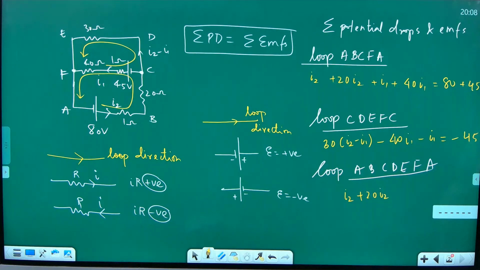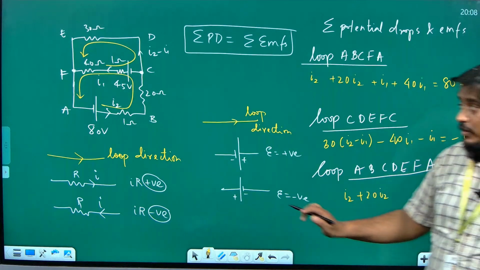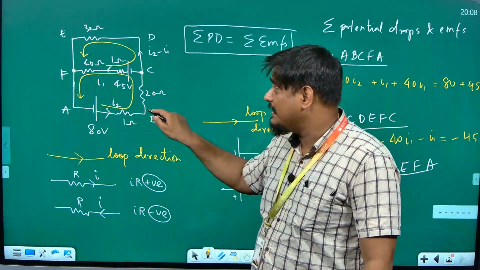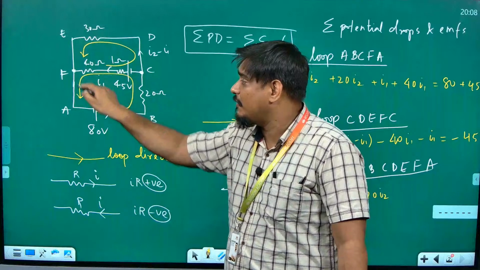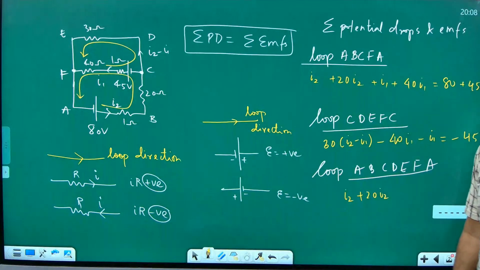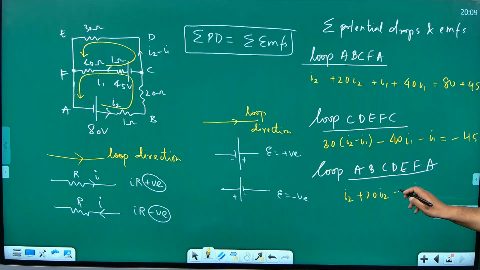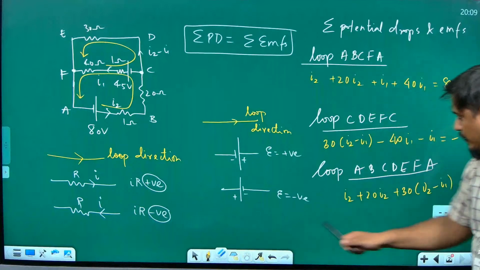Minus 45, sorry. Don't confuse yourself. See the loop. Loop is now A, B, C, D, E, F, A. Be very careful, Varshita. No problem. You may be wrong also, no issues. Give a try. Yes, proceed. Plus 30 I2 minus I1. Great. You are going very right. Proceed further.